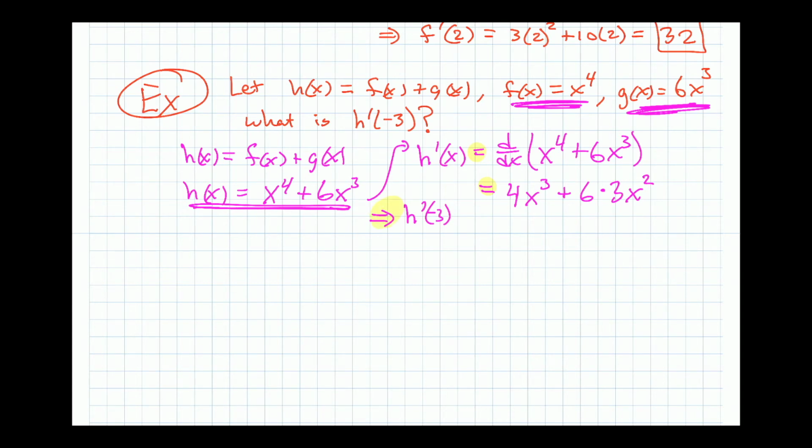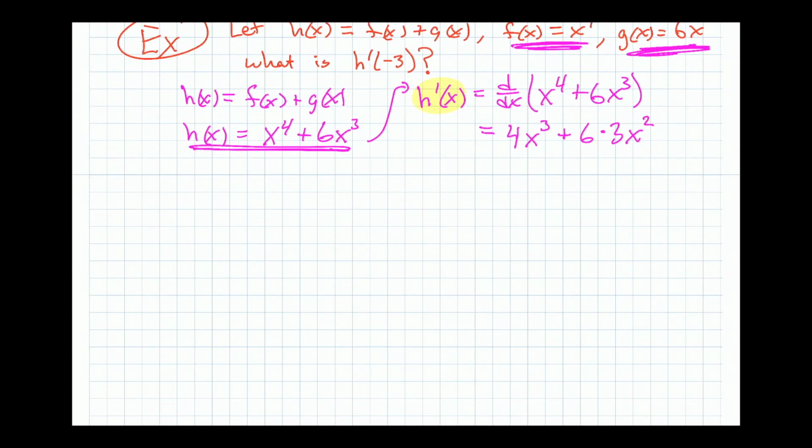Because what I'm writing now is not equal to the previous lines, because the previous lines were h prime of x, and now it's h prime of minus 3. So h prime of x and h prime of minus 3 aren't the same thing. So what I'm doing here is a new line of work. In fact, maybe I should even just write it on the next page here, because I'm right at a page break. So h prime of negative 3 is, that's plugging in a negative 3 into our answer.